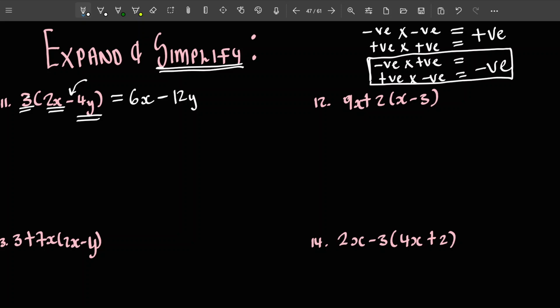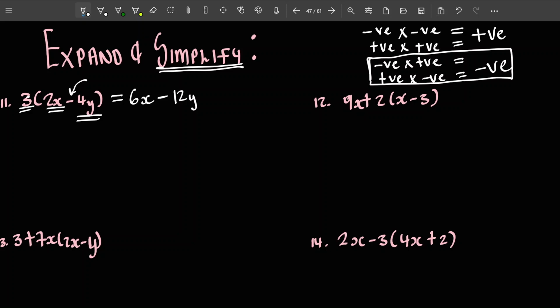Like we said, 5 apples, 4 bananas. You can't combine them to one. It's just going to be 5 apples plus 4 bananas. You can't say 9 because those are different things. So here I have 6x and negative 12y. Those are different. One is an x, the other one is a y. So I don't have to simplify any further.